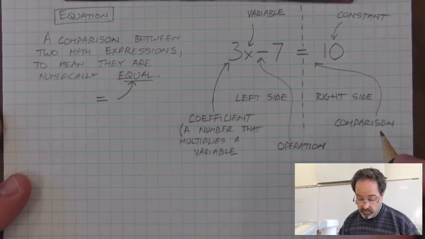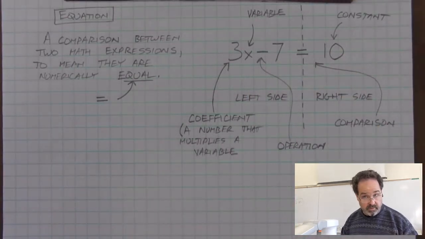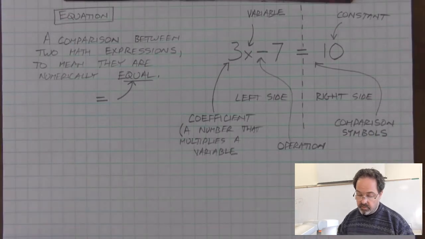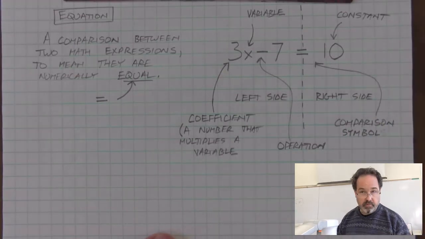When we compare two mathematical expressions with an equal sign, it makes it an equation. But we could use, and we will study, other comparison symbols. The equal sign is just one way that we can compare two numerical expressions.